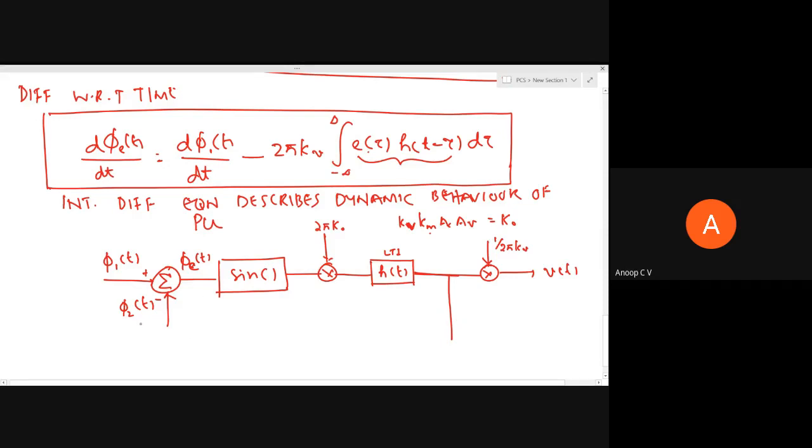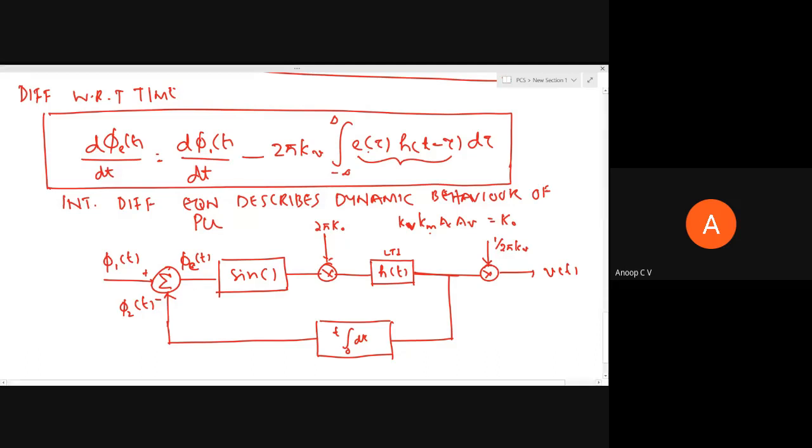Can anyone tell me what is the relation between V of t and phi 2 of t? Phi 2 of t will be 2 pi kV into integral V of tau d tau, right? So if you integrate this integral 0 to t of this v of t, that will give you phi 2 of t.